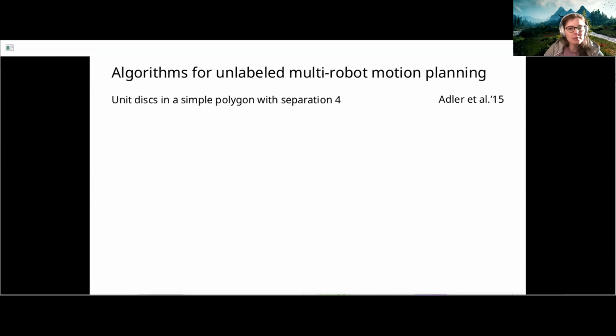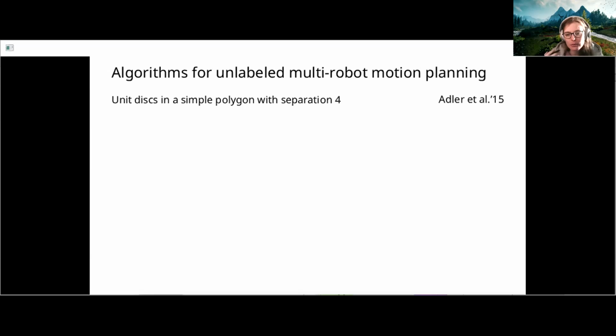Okay, and there's also some overview of the previous results. Basically the initial work that led to this talk was done by people in this virtual room.